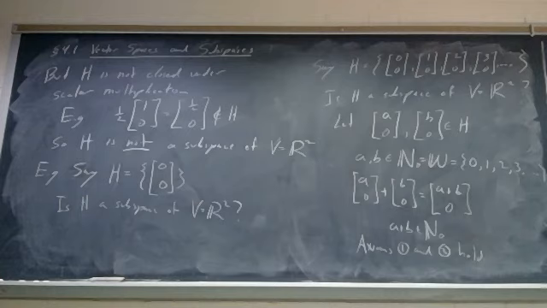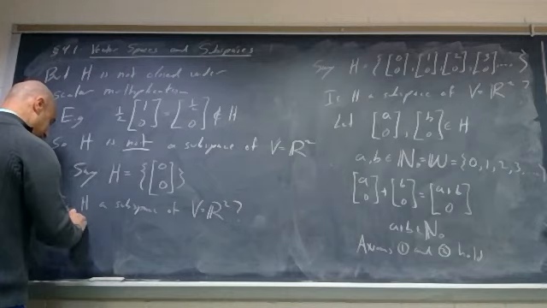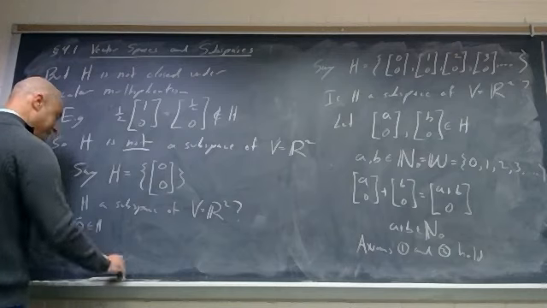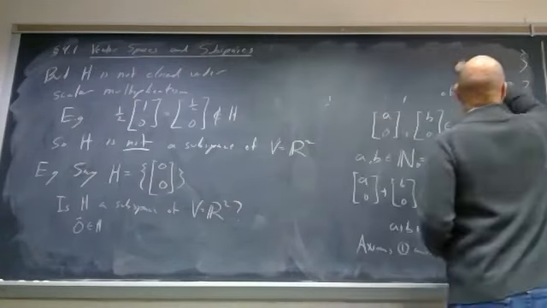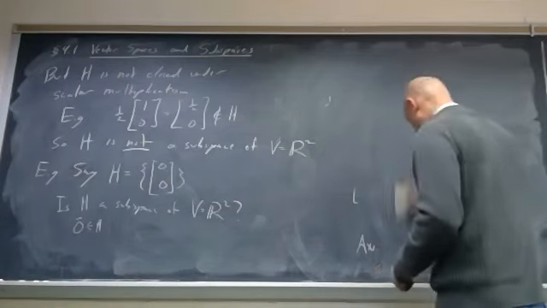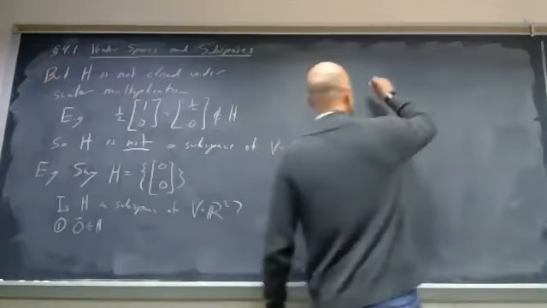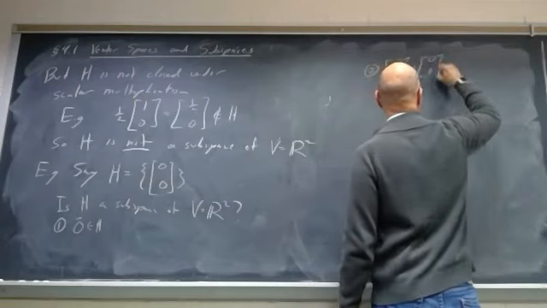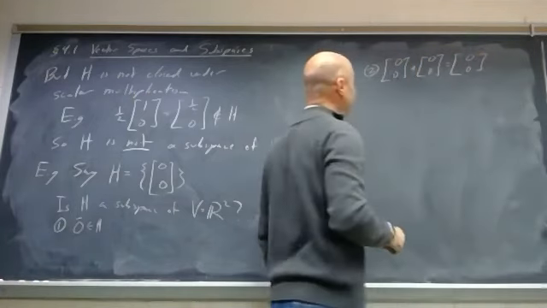So yeah, finally we've got one. So we have to check 3 things. So certainly the 0 vector is in H, because that's just (0, 0). So that's the first axiom. The second axiom, (0, 0) plus (0, 0) equals (0, 0). So it's closed under vector addition.